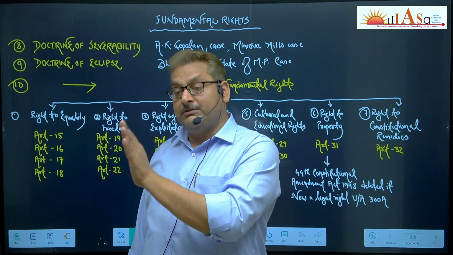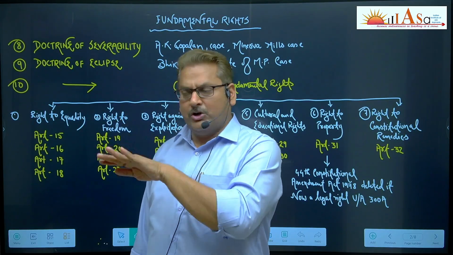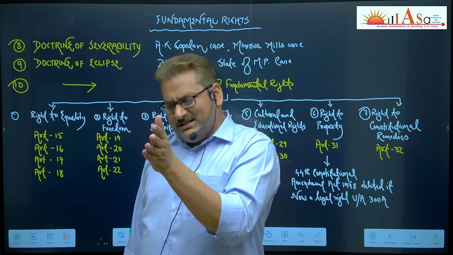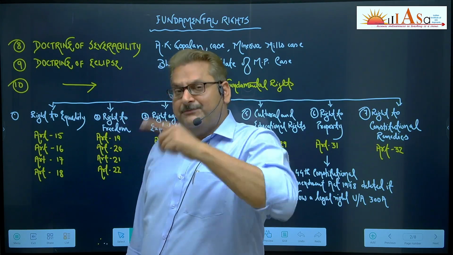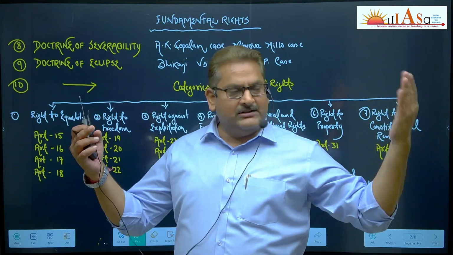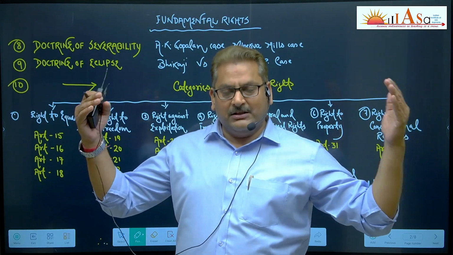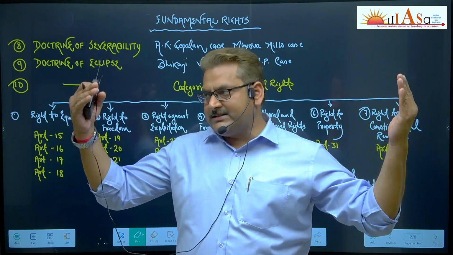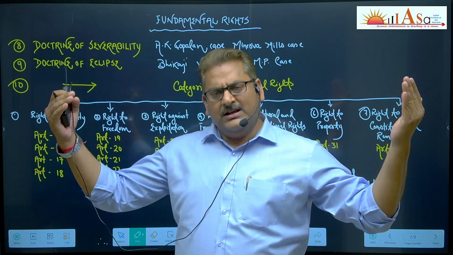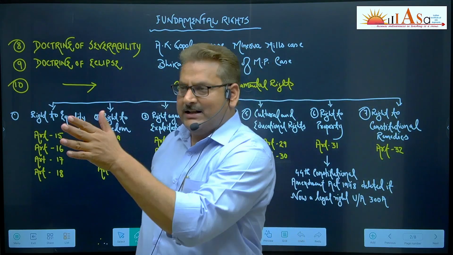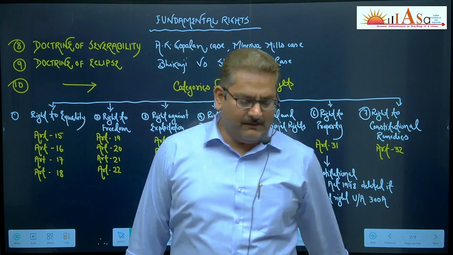It will not be operable, but it will not be a dead letter. It will be eclipsed. It means in future, if any kind of amendment takes place, and this contradiction between the fundamental rights and this provision of the law is done away with, then in that case it will be operable. तो ये सिर्फ ग्रहण लगेगा, ये खत्म नहीं होगा.